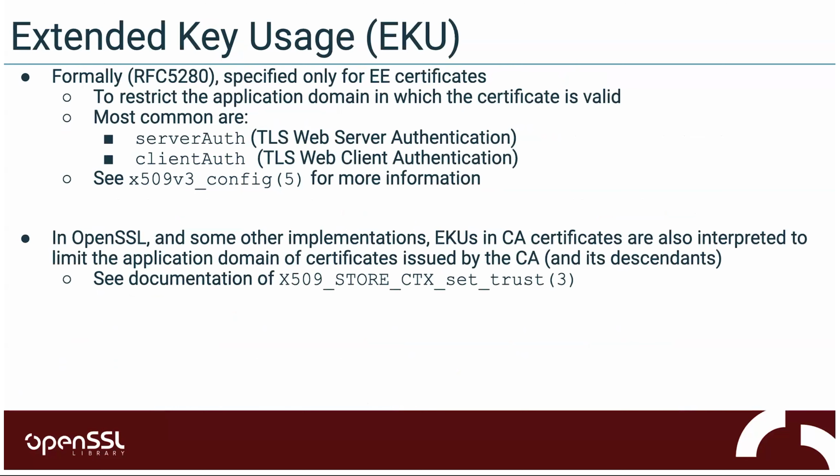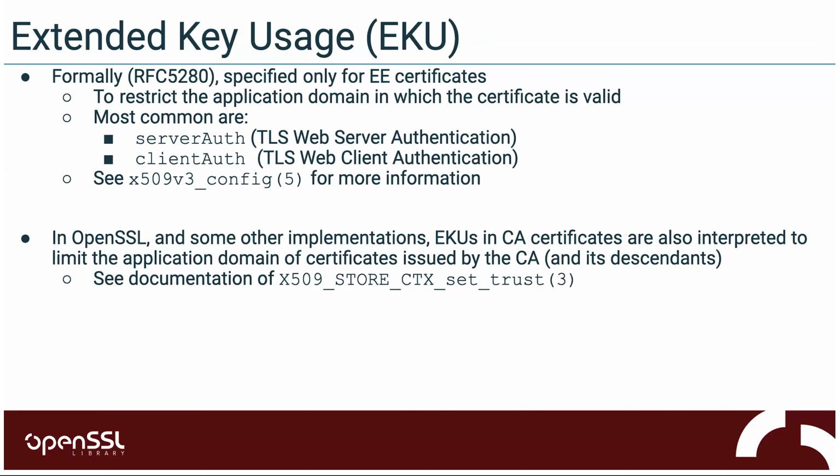Extended key usage also appears in certificates. This is specified by the standards to really have meaning pretty much only in end entity certificates. But OpenSSL and a few other implementations interpret EKUs that may appear in a certification authority certificate to also restrict what kind of certificates the CA can issue.